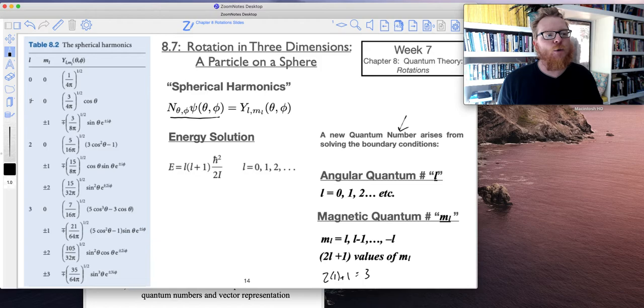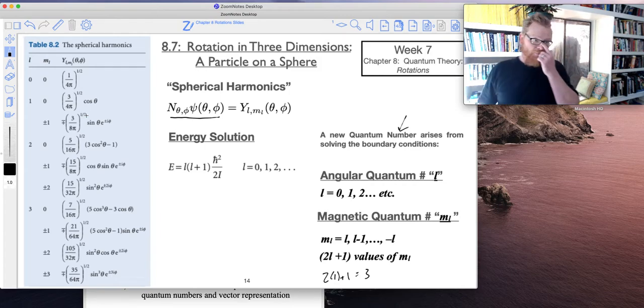When L is equal to 1, then M_L can be 0, plus 1, or minus 1. And now what we should notice is the plus 1, minus 1 states have the same function, although they're just different in sign.